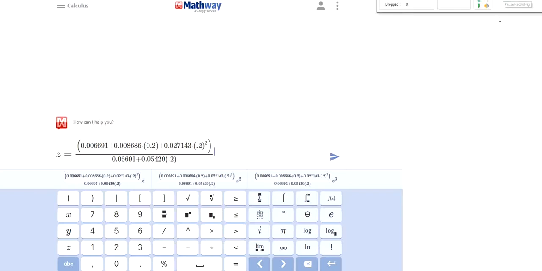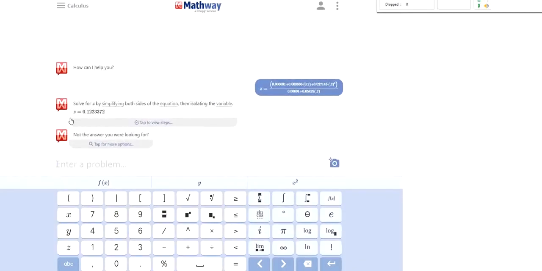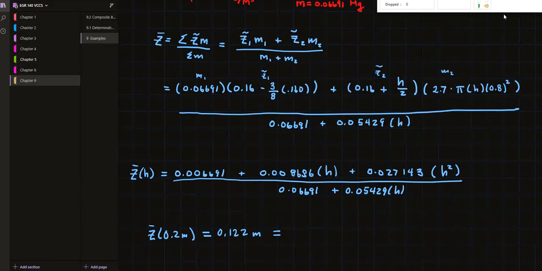That's going to equal. So I'm going to go ahead and put this in a little math program as opposed to a calculator. You can type it in your calculator if you want. And I'll hit equal, and I get z bar equals 0.122. That sounds good. So that's 122 millimeters then.